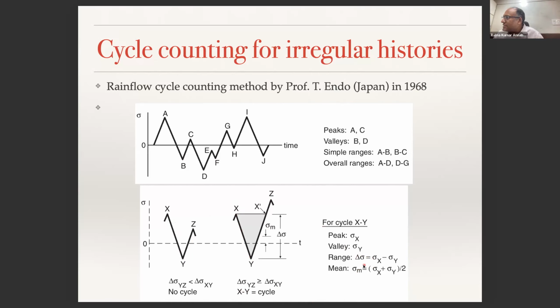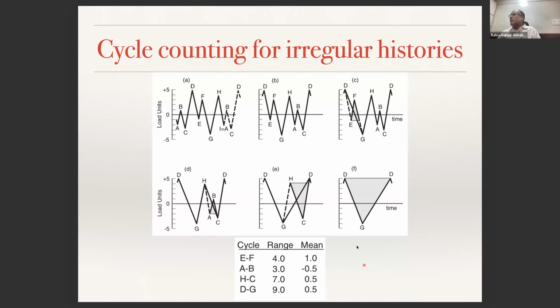Now let us look at the scenario. How do you go about counting the cycles? Look at this particular history, let us carefully go through. This is the history: A, B, C, D, E, F, G, H, I. In order to start counting, we will identify a repetition.